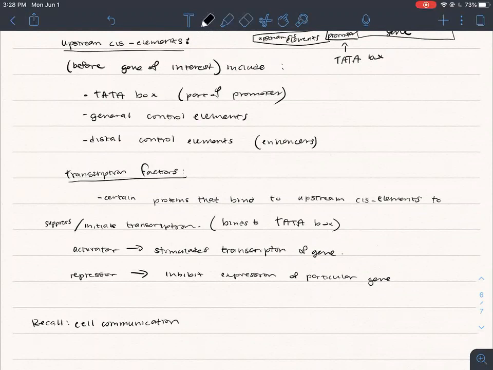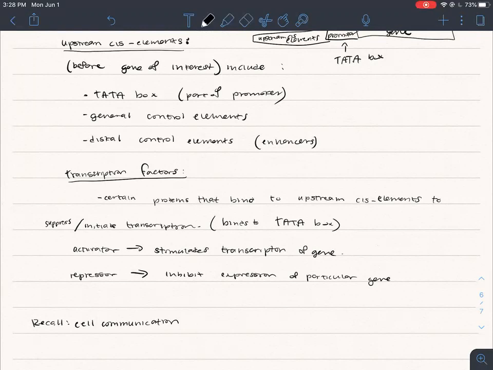If you could recall from cell communication, that whole cascade and then our eventual product is a transcription factor, because overall what we want is to create proteins. And how do we create proteins? Through gene expression, where we want to transcribe a certain gene that we need depending on our situation.